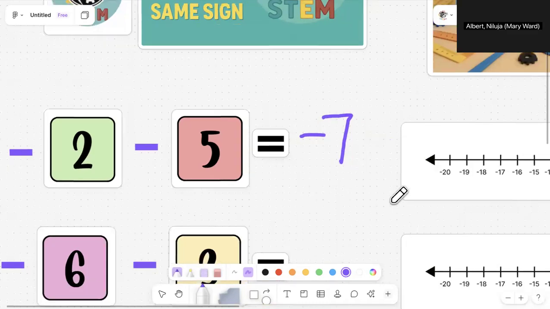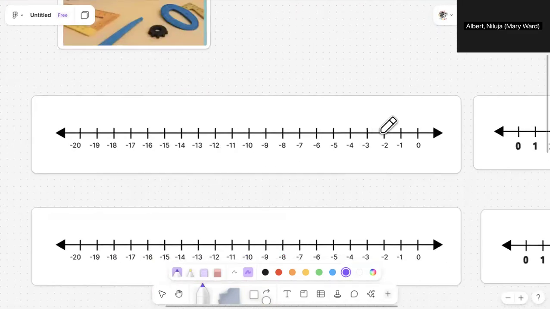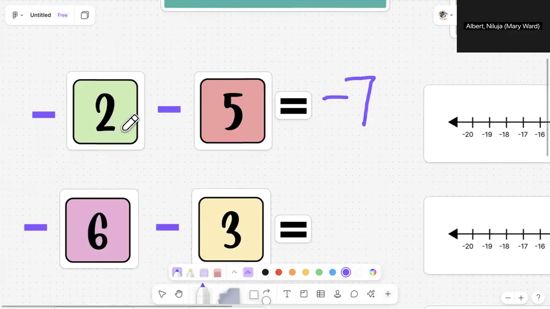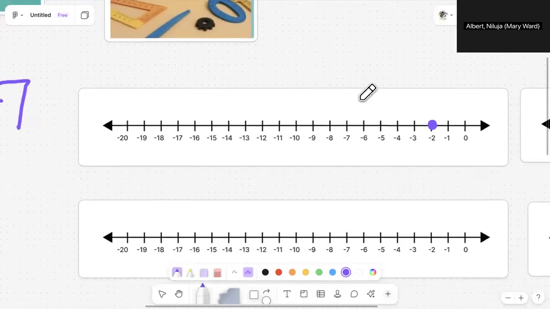Now let's look at a number line to explain how this works. So -2, that's where we're going to start. Our starting point is -2, and we're going to combine -5. So when we have two integers that have the same sign, we're going to move to the left.